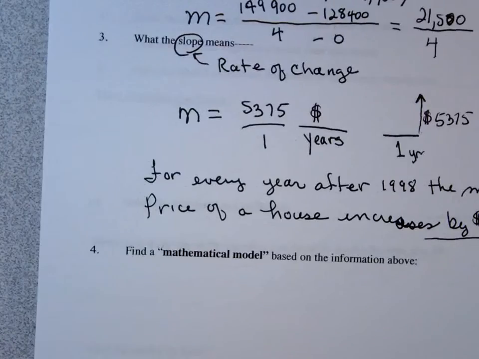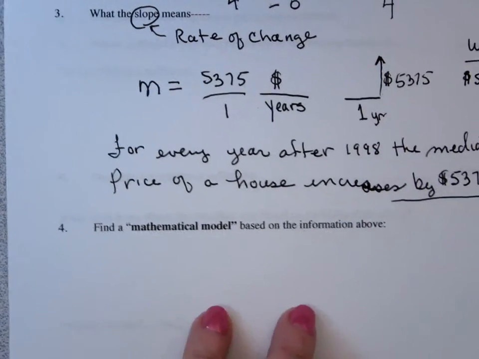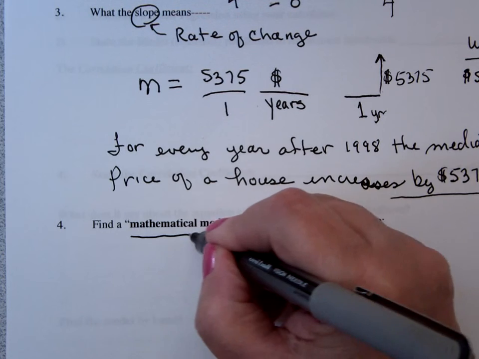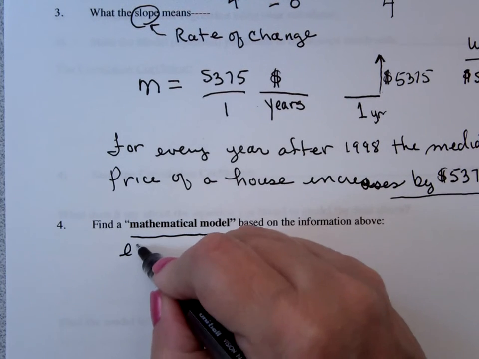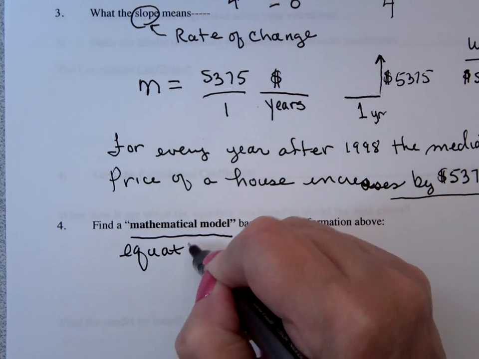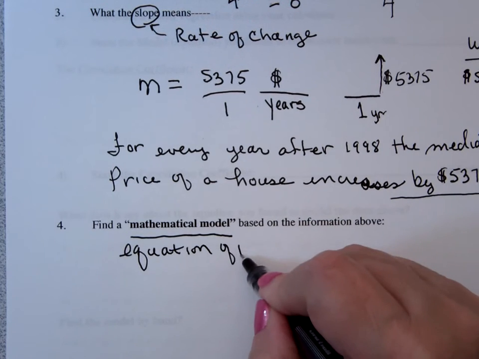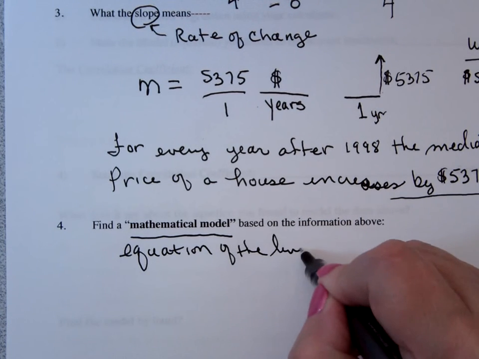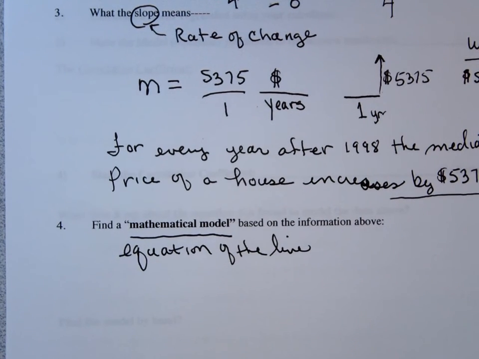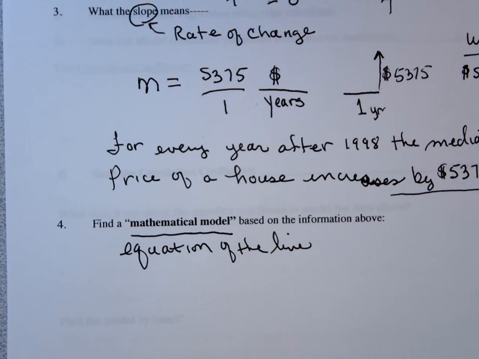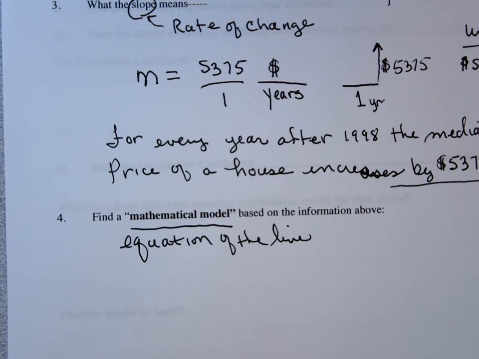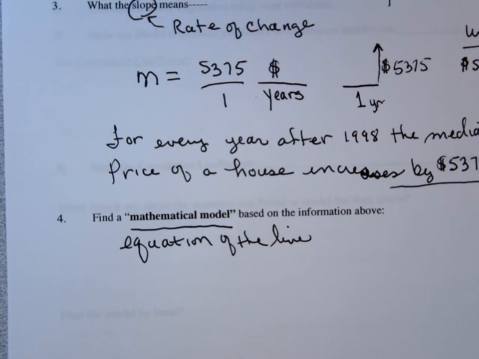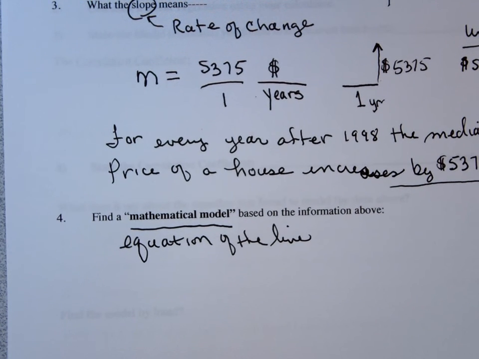It says find a mathematical model. This says equation of the line. That's all it wants. Mathematical model is just the equation of the line right now. Mathematical model could be a quadratic model, which is what we're going to study next. And that would be y equals ax squared plus bx plus c.